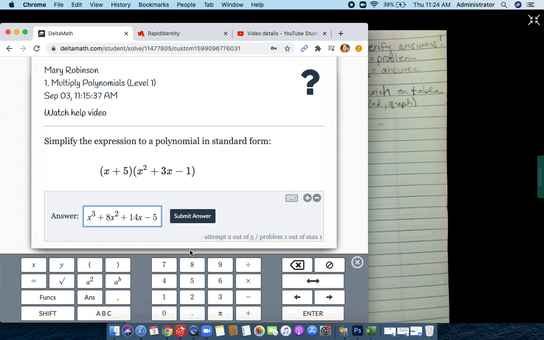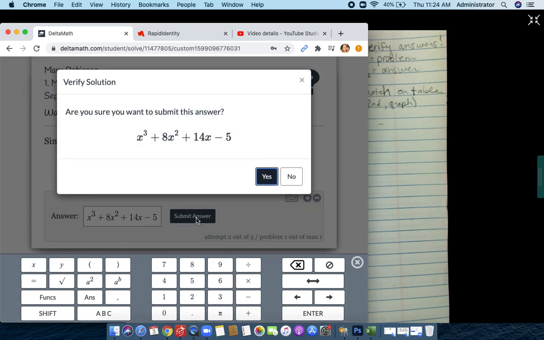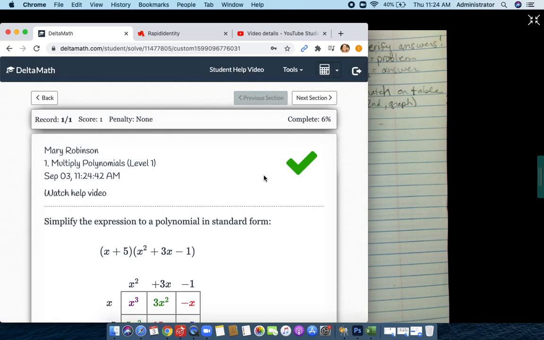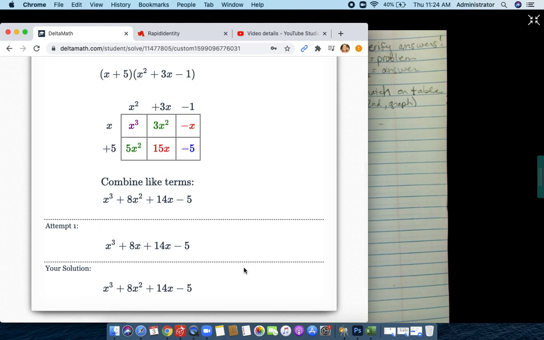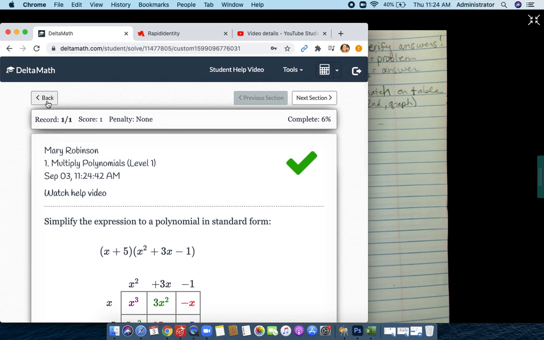So if I make a mistake, that allows me to go back and correct it, whether it's a math error or I typed it in wrong. I'm trying to give you 5 chances to do it. If you're having to get to 5 consistently and still missing it, you should be reaching out to us for help. Okay? All right, and here they're showing you the box method also. So we're good to go, and then we can move on.